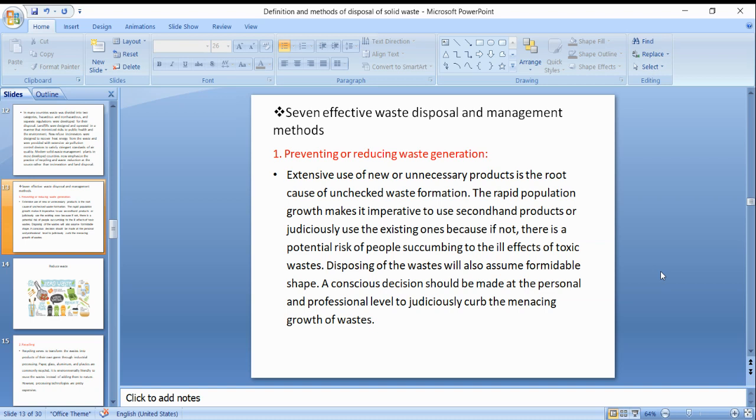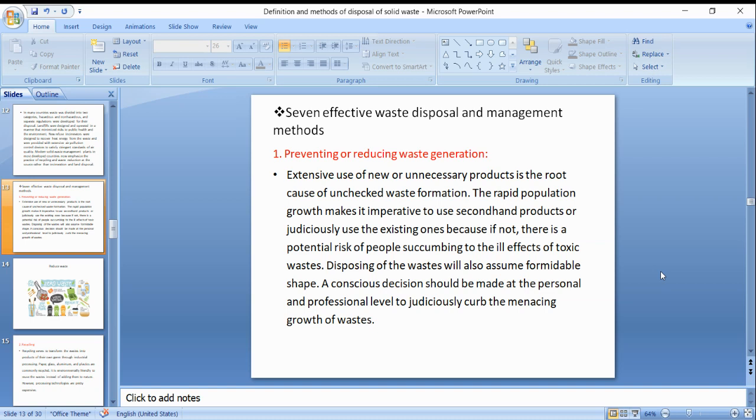At last, we have to see that the solid waste being produced should be taken care of, and for that only waste management came about.